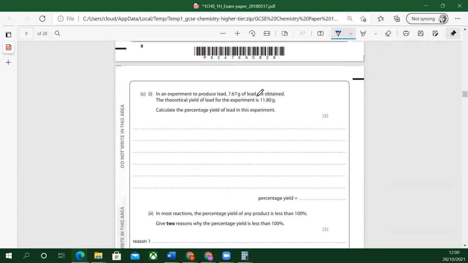We want 11.8 theoretically, but we don't get it because it's real life and lots of other energy transfers take place. So 7.67 divided by what we think we'll get, and then times by 100. So we would get 65%.